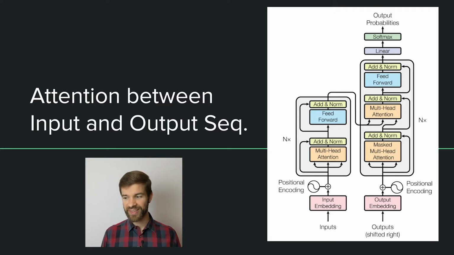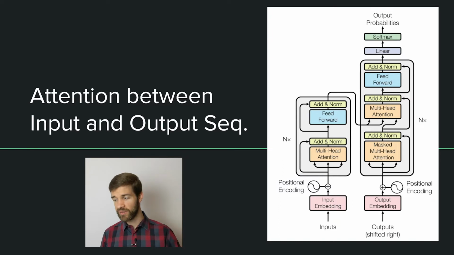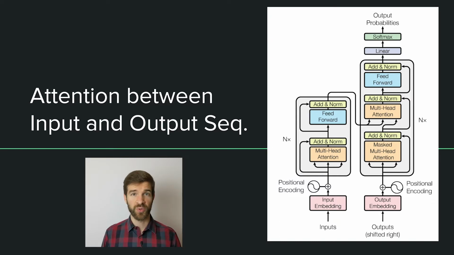Now, there is one last attention block that we can see in this model, and that is the secret source that connects these two things. So we have our input that gets encoded in a meaningful way. Then we have our first attention mechanism, which says how words relate to each other. We go to this hidden representation, and then we do the same for our output sequence, where we also go to this hidden representation.